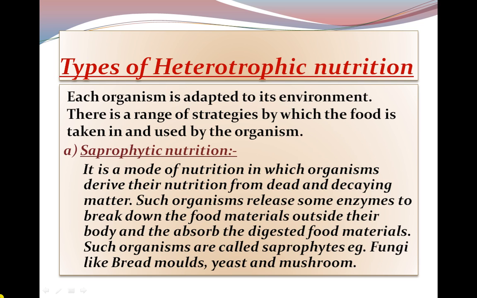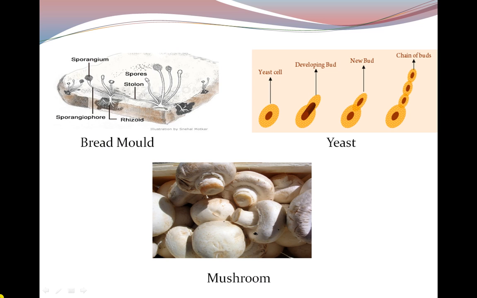Such organisms are called saprophytes. Examples of saprophytes are fungi like bread molds, yeast and mushroom. Have a look at this slide showing the various types of saprophytes: bread mold, yeast and mushroom.